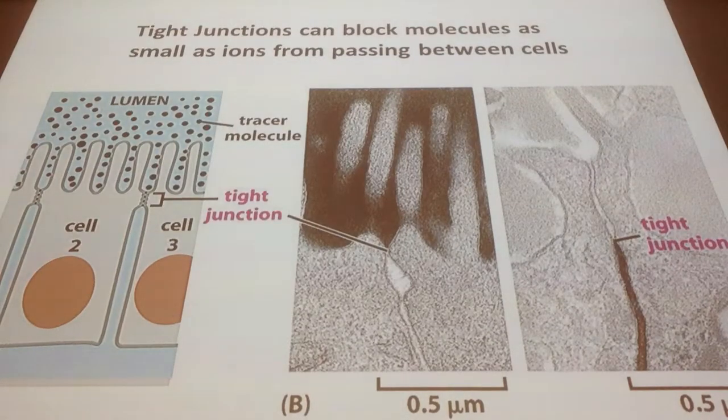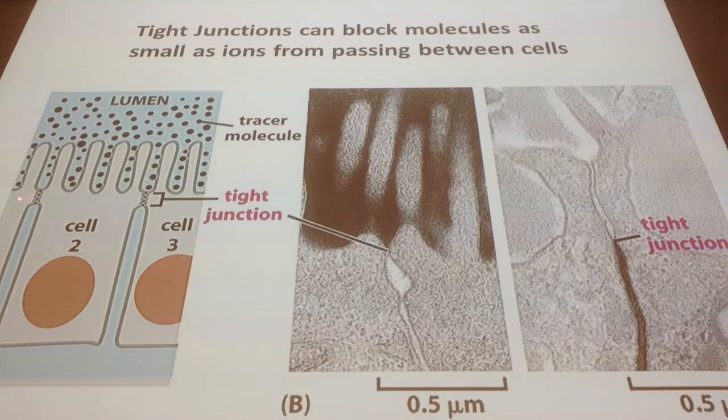The function of tight junction is to prevent anything from leaking through the epithelium. Tight junctions are really only found in an epithelium. It's found at the tip. We call this the apical end or apical side of the cell, the top side, and this is the basolateral side.